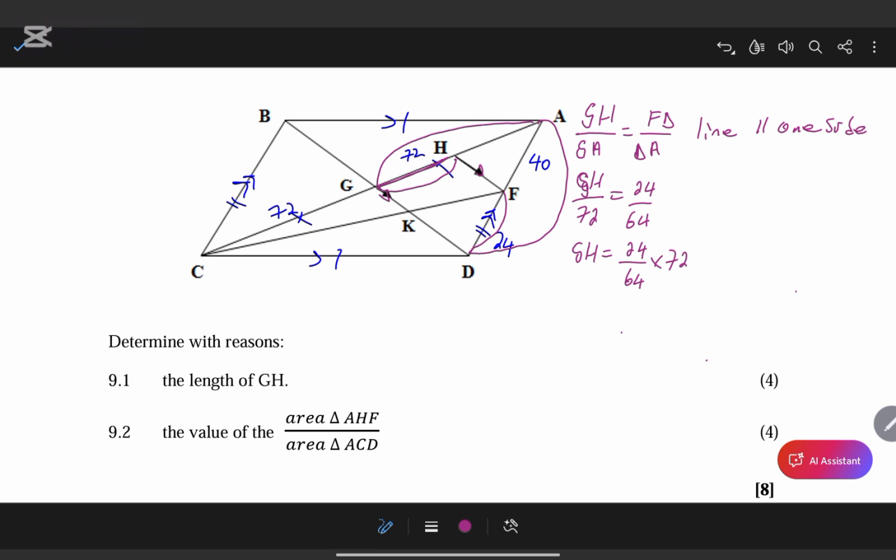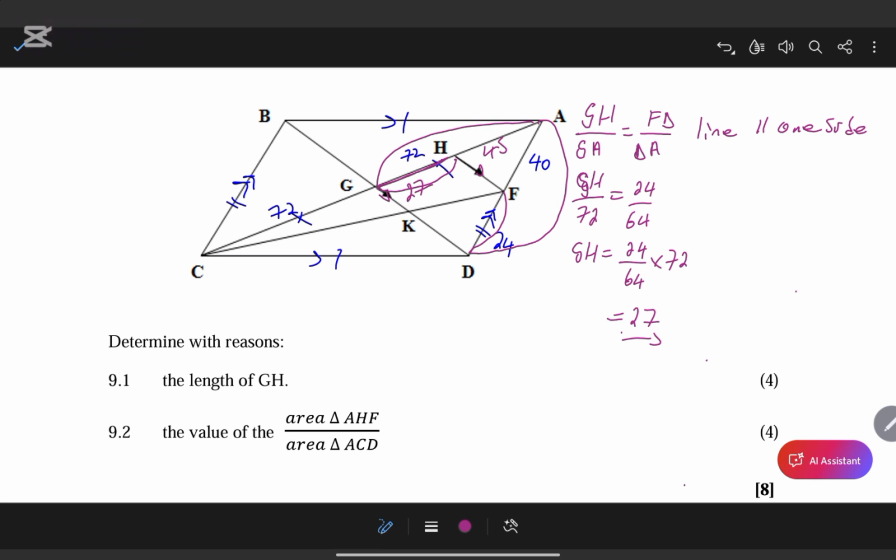So we say 24 divided by 64 times 72, and the answer is 27. So the length of GH is 27. And therefore you can subtract 27 from 72 and you get 45. That means the length HA is 45 units.